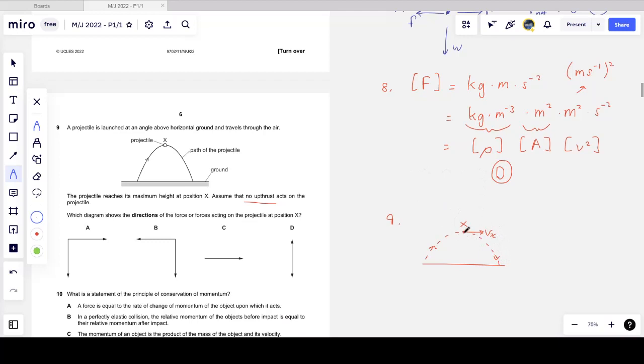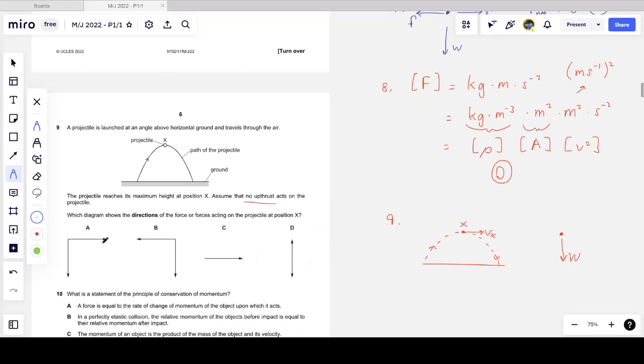Now, if I consider the position X, and I draw the free body diagram of this particle, or this projectile, then we know that the weight acts downward. So there's definitely a force acting downward. So we can immediately eliminate C. There must be force due to gravity, the weight of the particle acting downward.